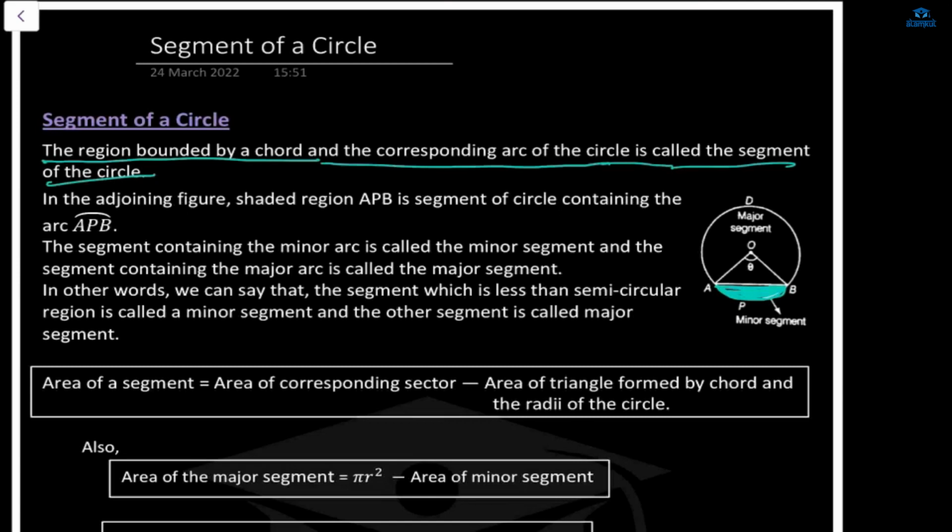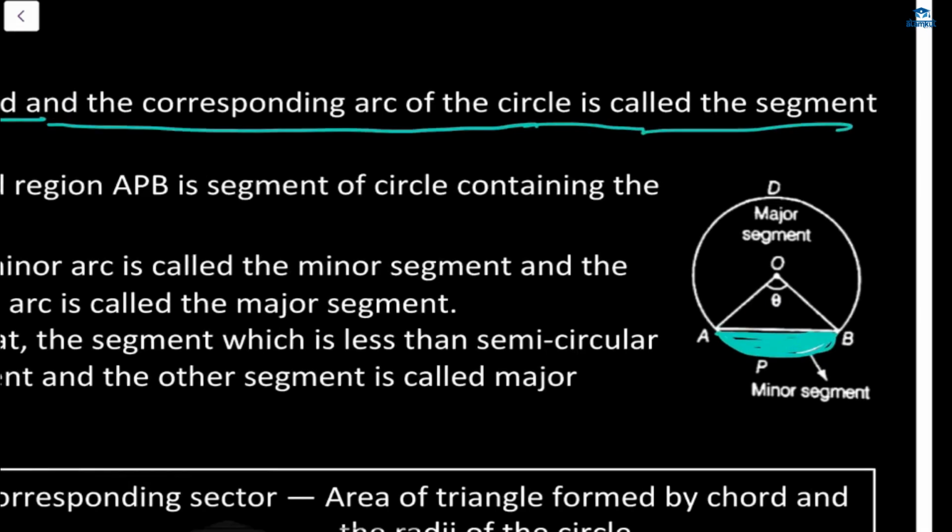Between the chord and the arc there are two types of area. One is the smaller portion, APB, that is the minor segment, and the bigger one, ADB, that is the major segment.